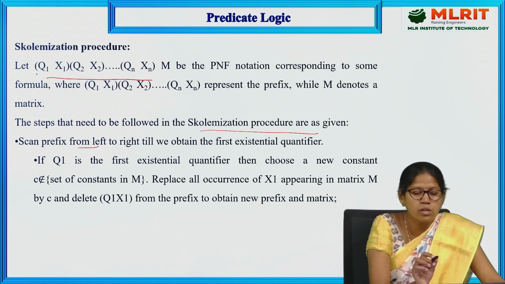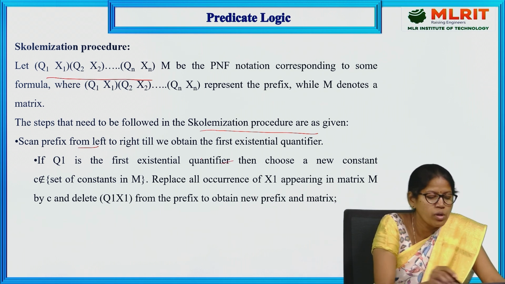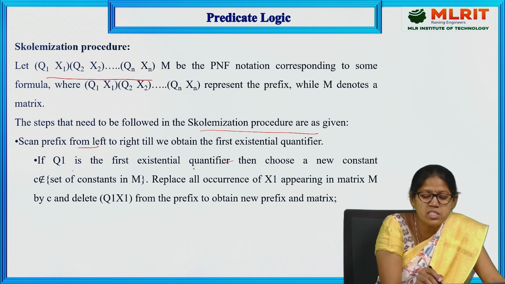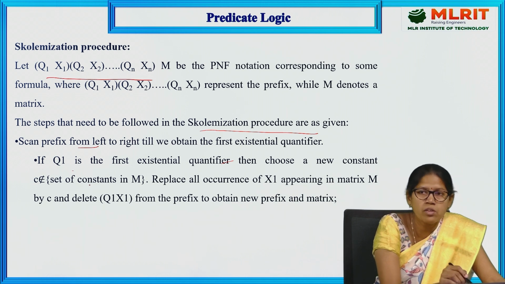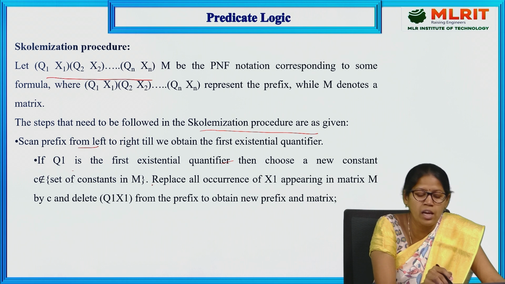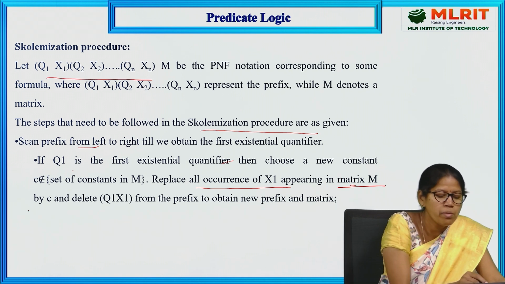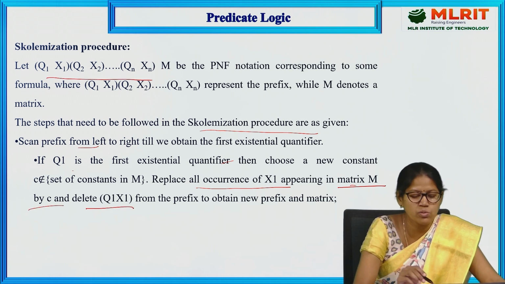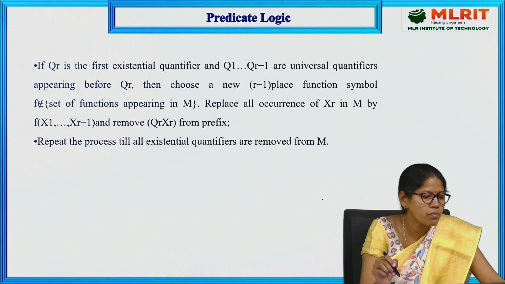If Q1 is the first existential quantifier, then choose a new constant C that does not belong to the set of constants in the matrix M. Replace all occurrences of x1 appearing in matrix M by C and delete Q1 x1 from the prefix to obtain the new prefix form.